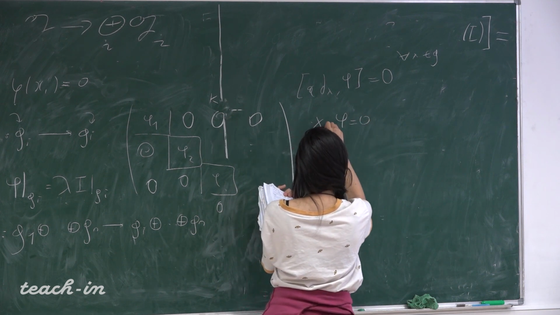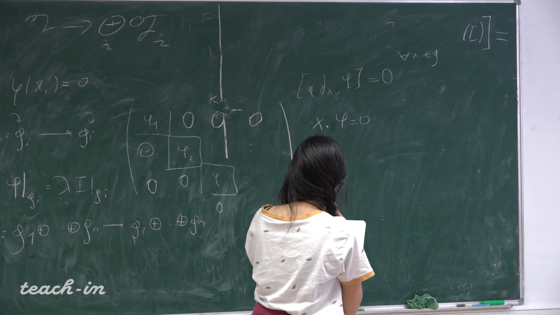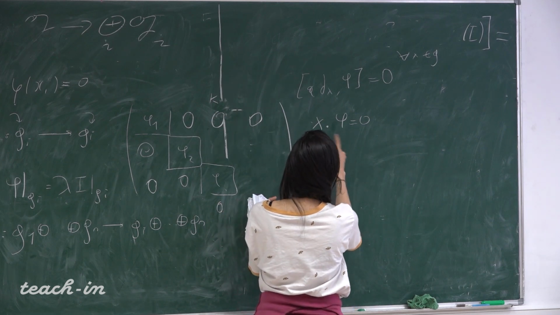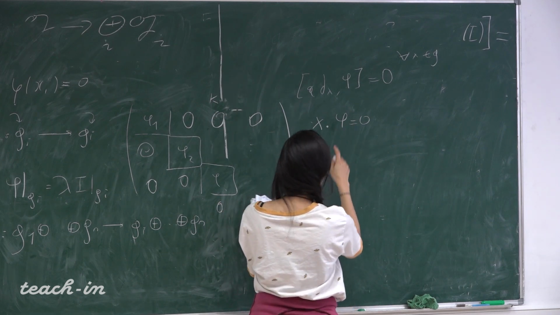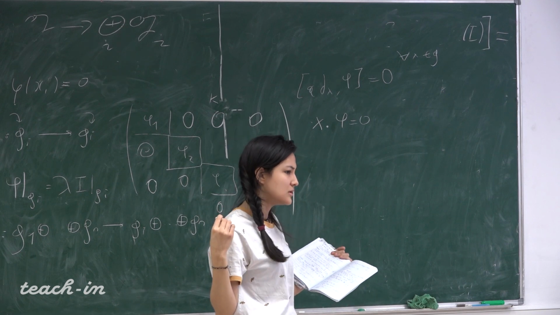Then I think we can say that this phi is in the centralizer, what you defined today. Am I right?